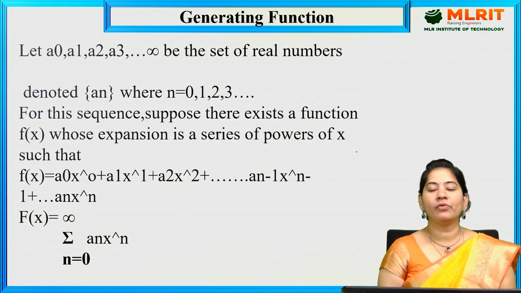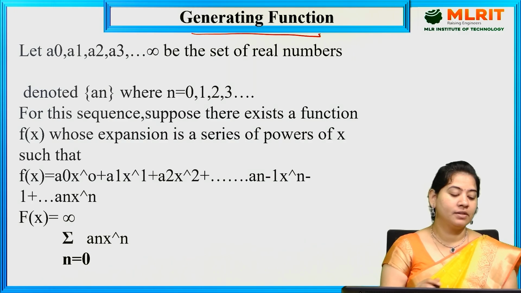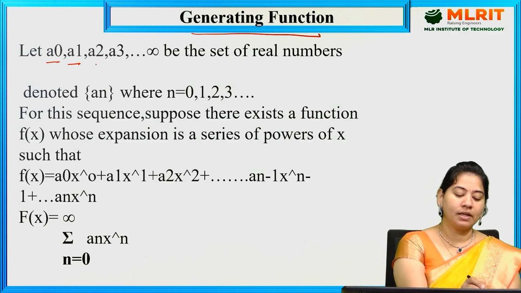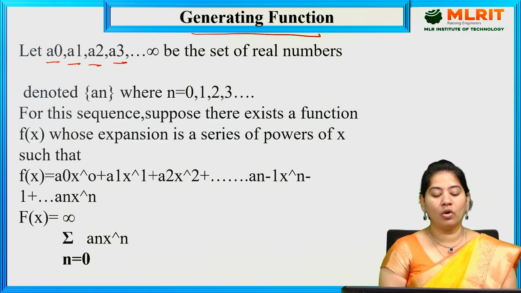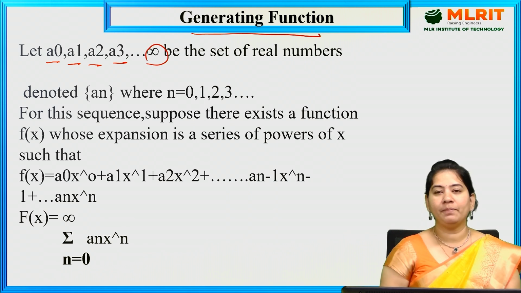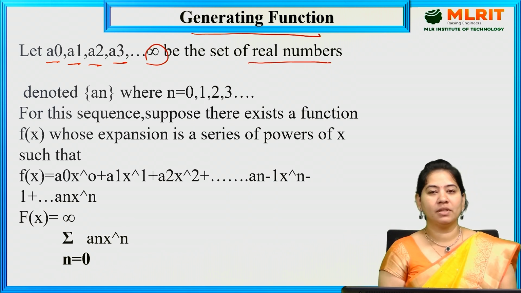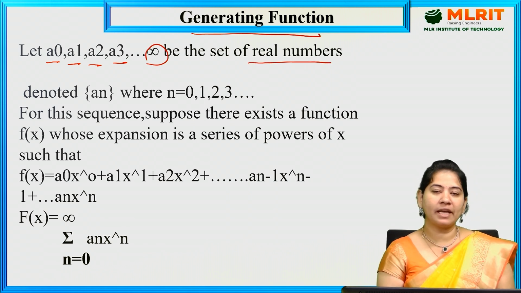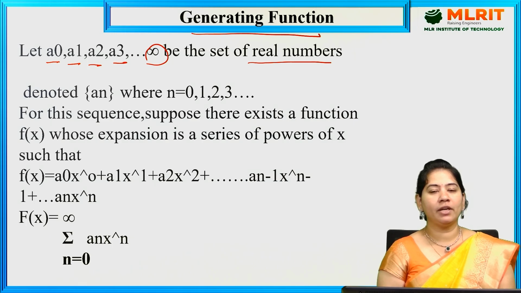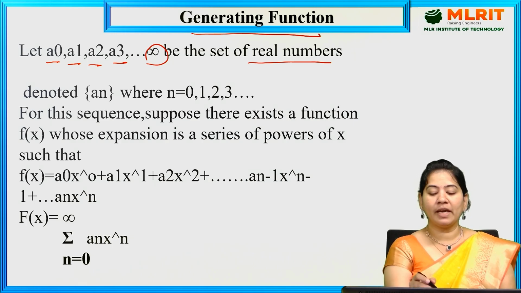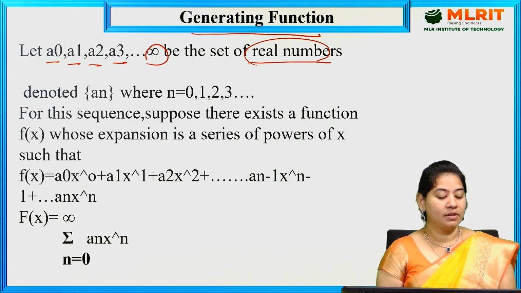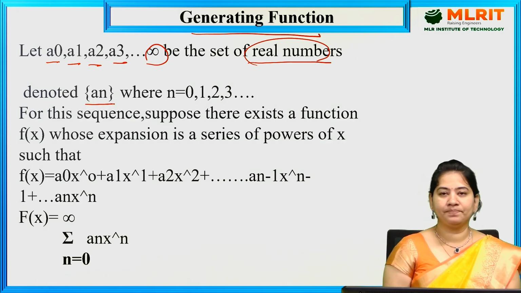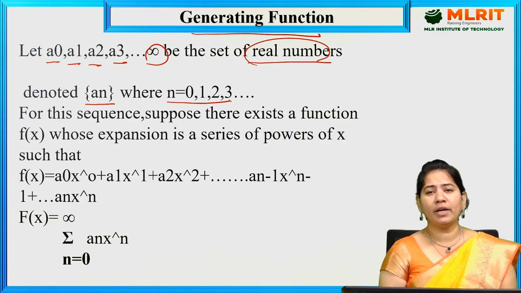Here we have a formal definition for the formal generating function. Let a0, a1, a2, a3, and so on up to infinity be a set of real numbers, which we denote as an, where n is equal to 0, 1, 2, 3.